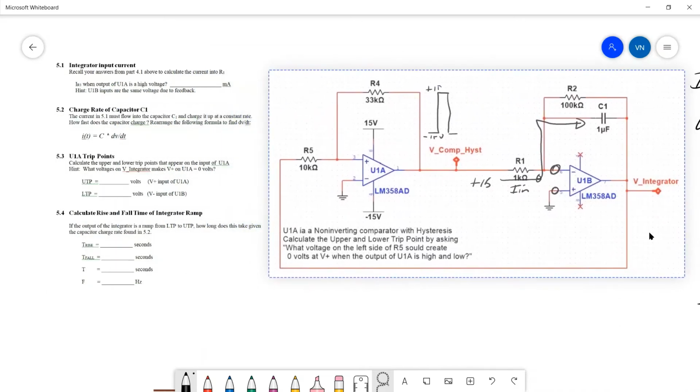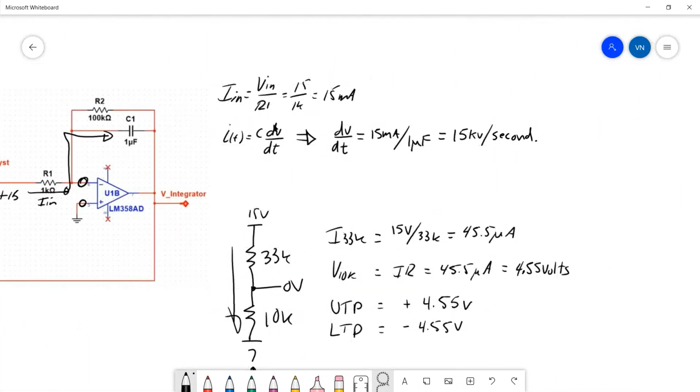So to figure out the charge rate, we take I of t equals C dV dt, and rearrange it to get dV dt on one side and I and C on the other side. What you end up with is 15 milliamps divided by 1 microfarad. You do that division and you come out with a voltage rise rate of 15 kilovolts per second.